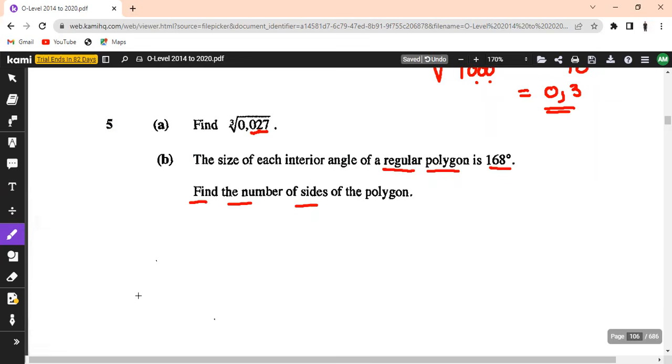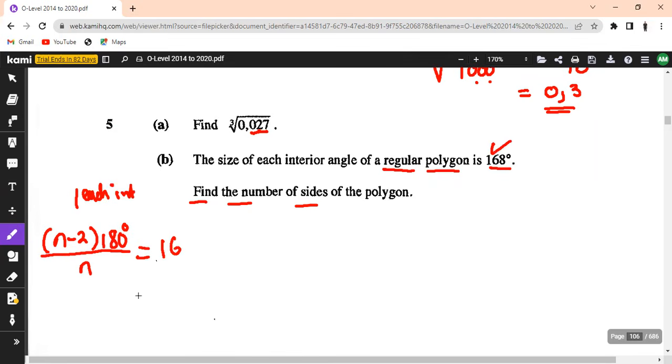The first one, we can use this formula: each interior angle for a regular n-sided polygon is given by (n minus 2) times 180 over n. So each interior angle is equal to this, and we are given that each interior angle is 168 degrees. So that means we can find n here by cross multiplying. That's the set of 1.